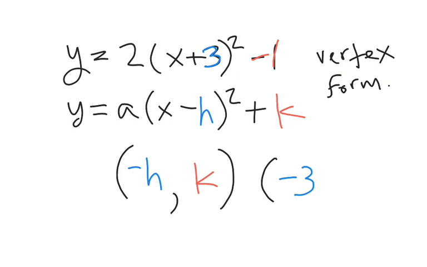And then I'm going to get my comma, and k, on the other hand, is always outside the house after the square, and in this case it's negative 1, and that one's just going to stay negative 1. So there's my vertex. No math, just recognition. So far so good? Good.